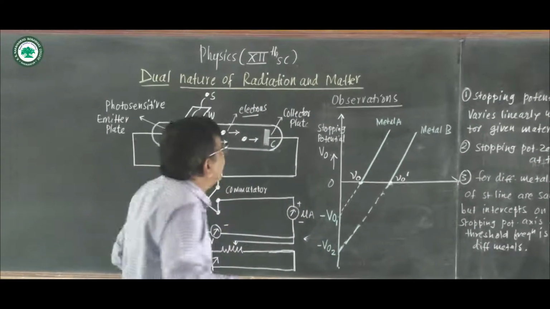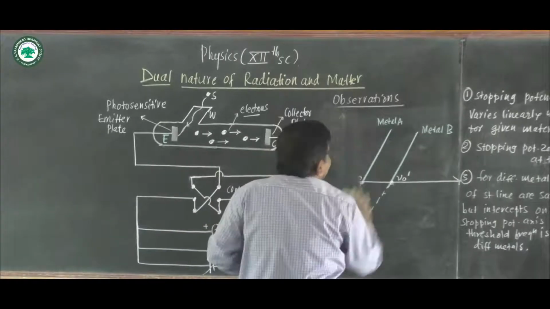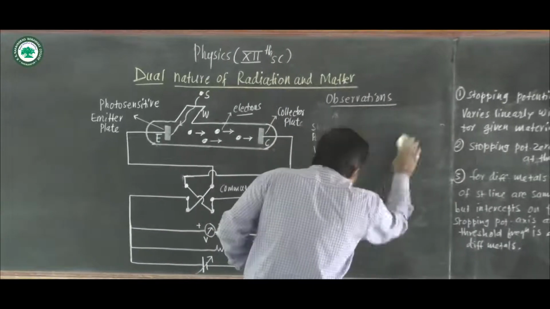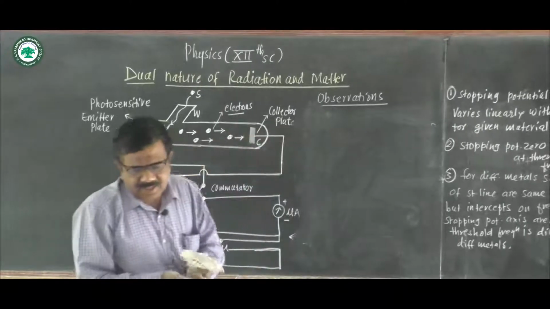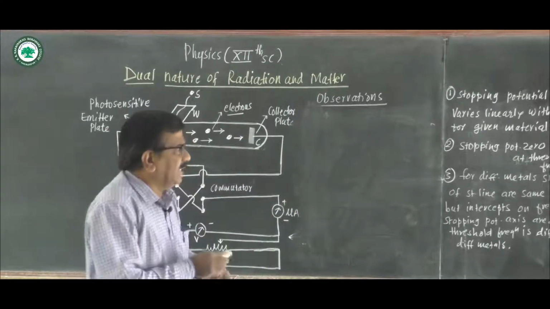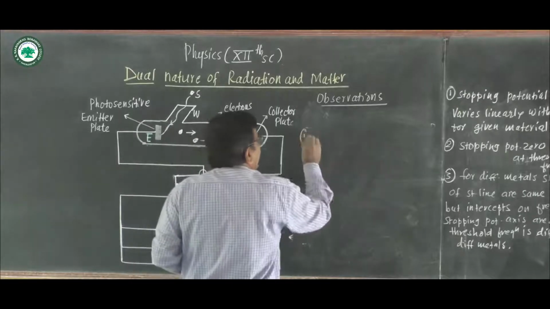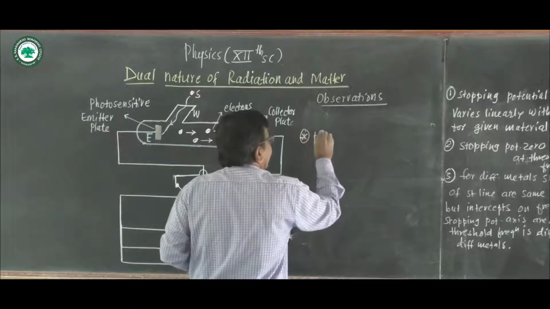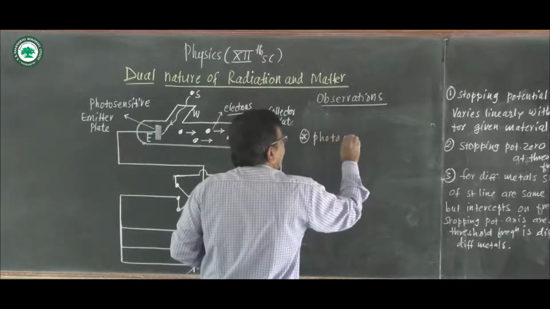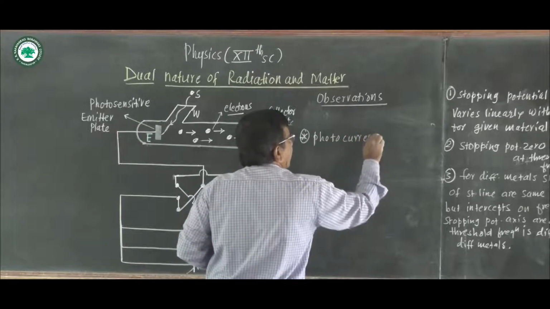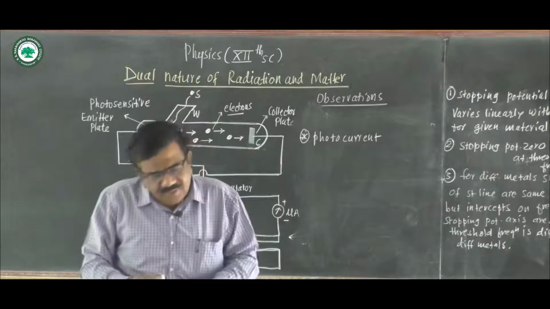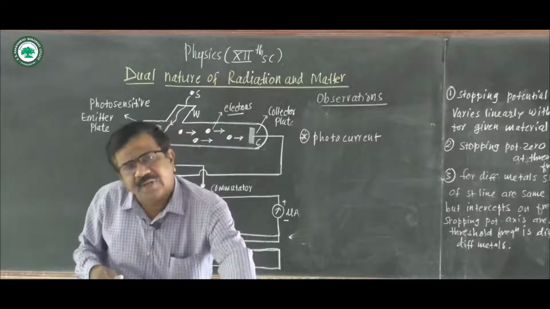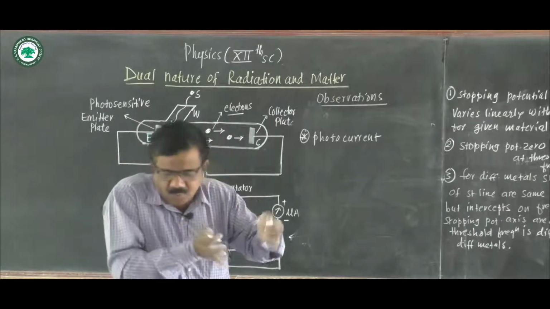Then our next important conclusion from this experiment: the photoelectric current or photocurrent depends on the number of electrons. If more electrons are emitted, the photocurrent is also more.